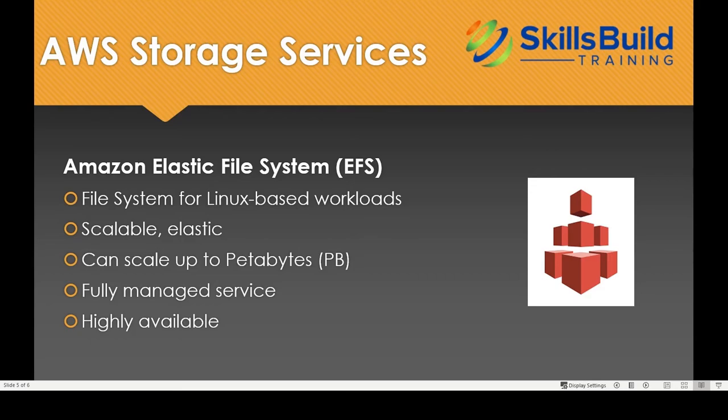Amazon EFS is a regional service storing data within and across multiple availability zones for high availability and durability. You can access your file systems across AZs and regions and share files between thousands of Amazon EC2 instances and on-premises servers via either AWS Direct Connect or AWS VPN, for example.